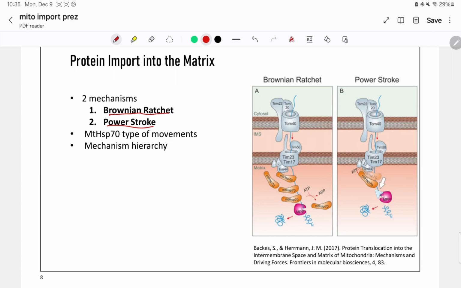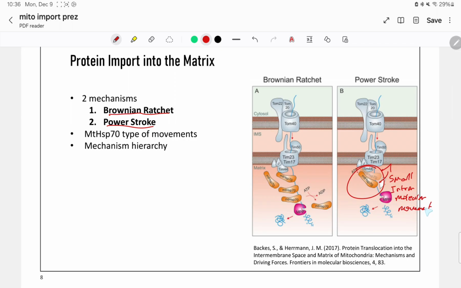So it'll pull it, and then it'll go back to its original position, and then pull it again. Now, there are many reasons why this mechanism right here is unlikely. One of the reasons is that mitochondrial HSP70 has a very small intramolecular movement, okay?